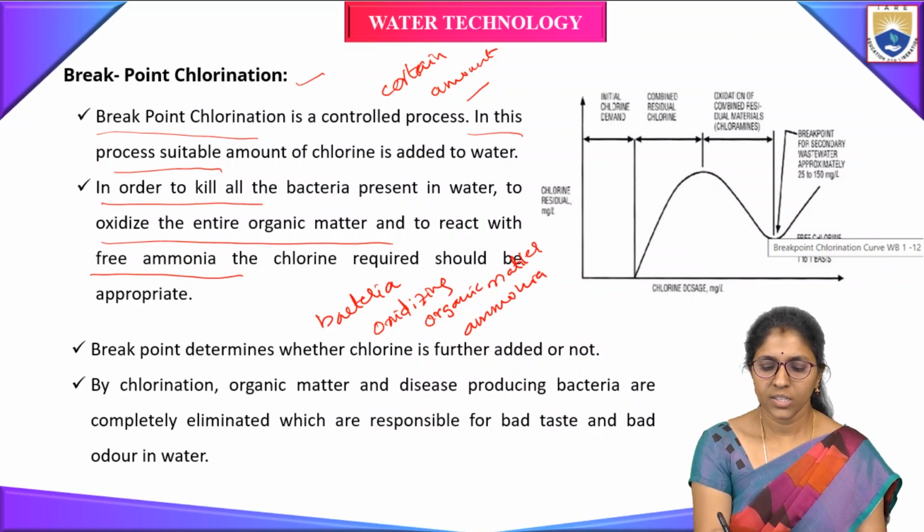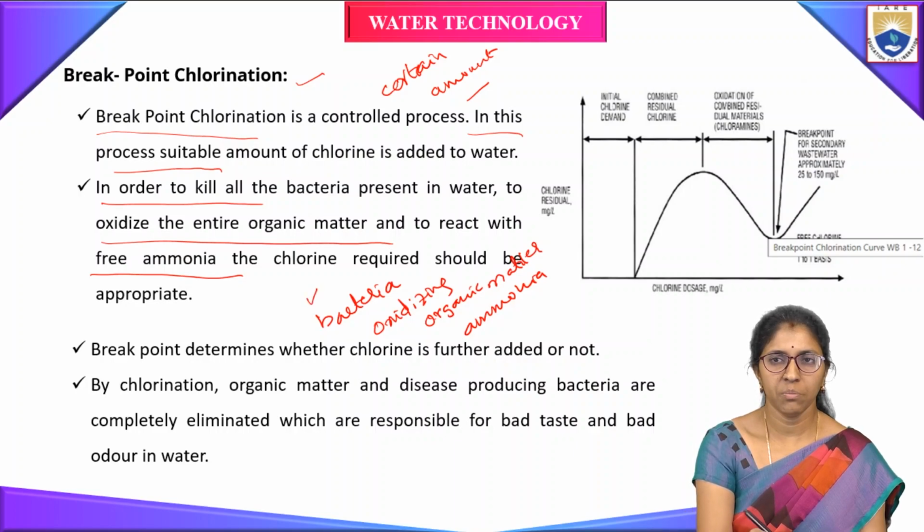So when water has bacteria, organic compounds and ammonia, this breakpoint chlorination is very useful for removing all the impurities at a time. We can remove the bacteria, the organic matter and the ammonia.